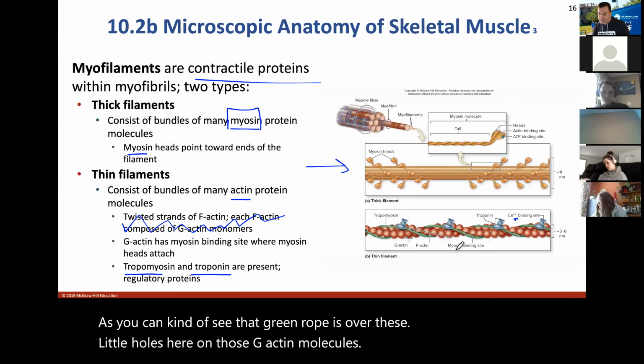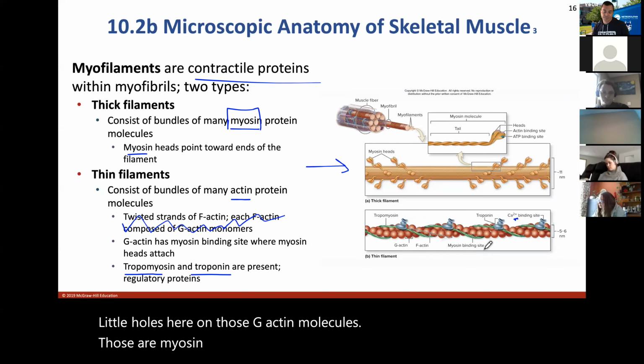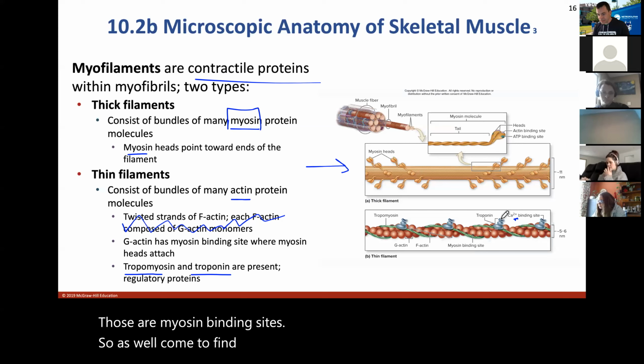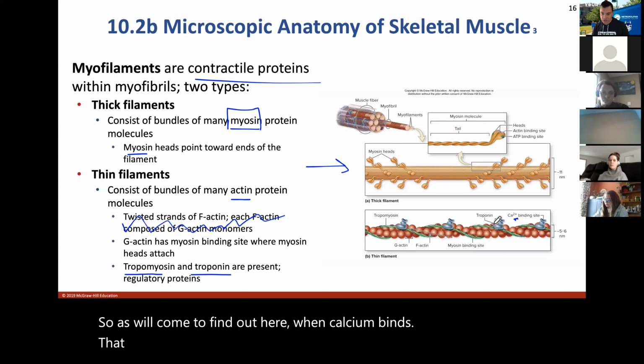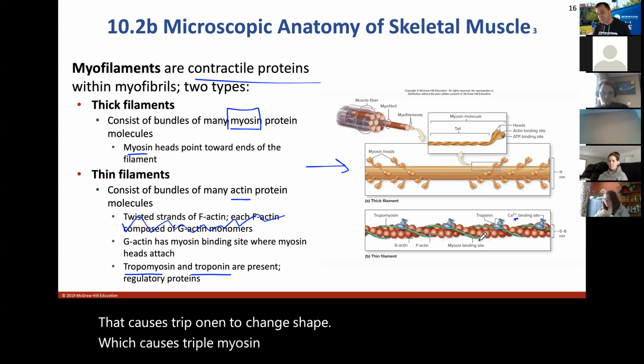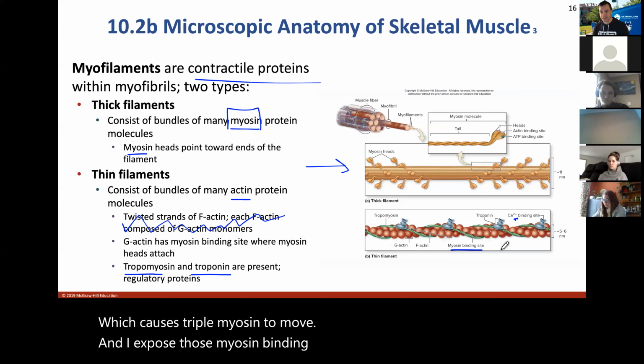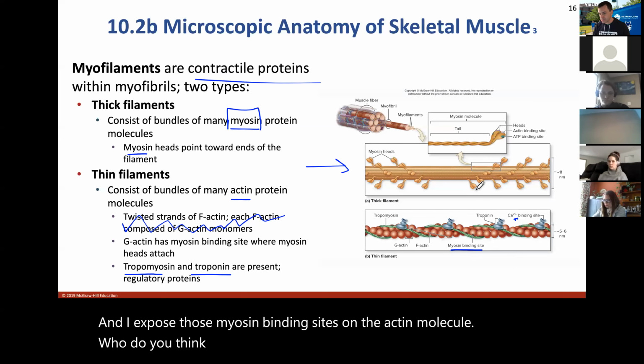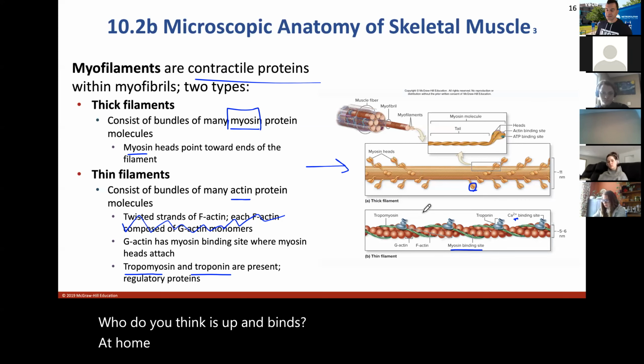Those are myosin binding sites. So as we'll come to find out, when calcium binds, that causes troponin to change shape, which causes tropomyosin to move and expose those myosin binding sites on the actin molecule. Who do you think goes up and binds? That homeboy right there, that myosin globular head.